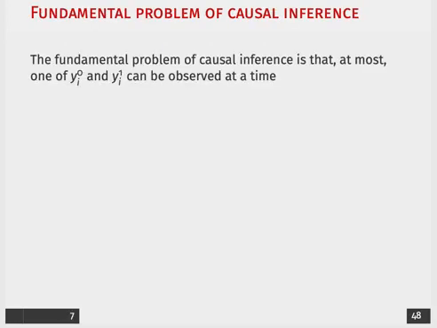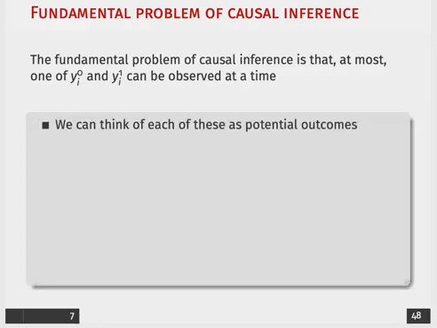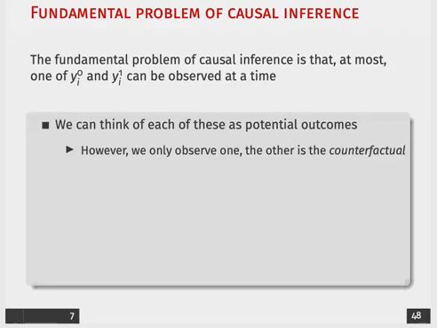Now, I know this is a little bit frustrating, but this is essentially the fundamental problem of causal inference, is that at most, we're only going to be able to observe one outcome for one individual at a time. And so that's why we're talking about this in terms of potential outcomes, right? We're talking about what someone potentially could do if they were to receive the treatment or the placebo, right?